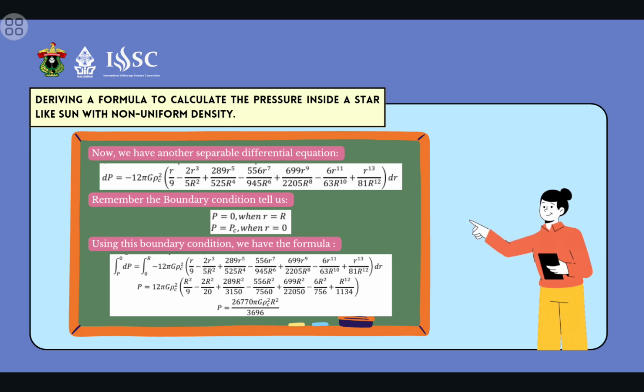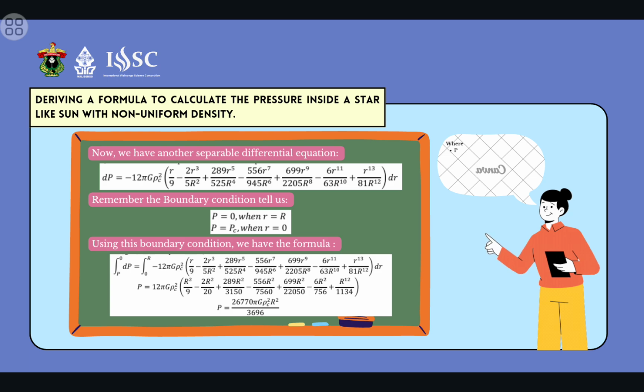Integrating the left side from P to 0, integrating the right side from 0 to R, and doing some algebraic manipulation, we will have the final form of P, where P is the total pressure inside the star. That is only depending on rho c and R, where P is the pressure of the star, rho c is the center density, R is the star radius, and G is the gravitational constant.